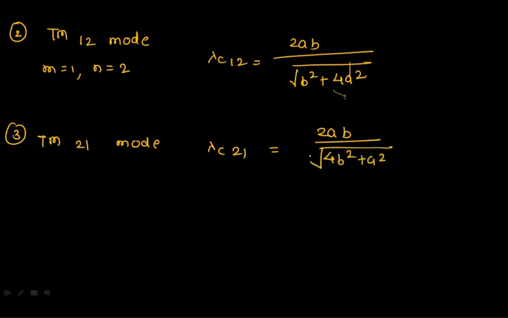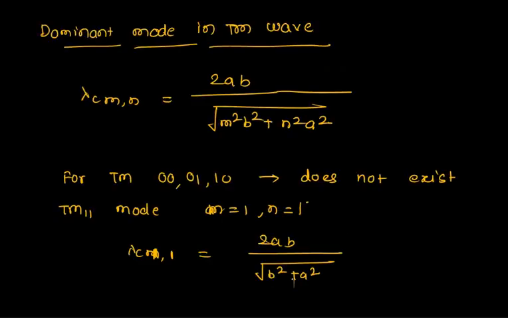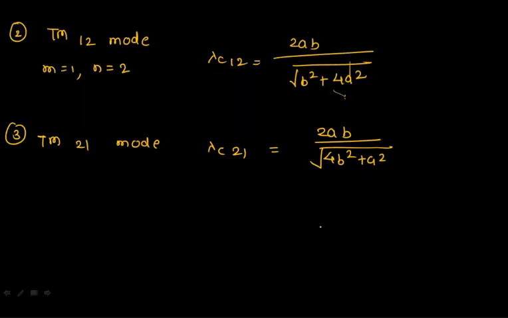Okay. Now I'll compare all these modes. By inspection, it is clear that for the first one, B square plus A square, the denominator will be a small value. So if I compare all these modes, I can say lambda c11 is greater than lambda c12, and lambda c11 is greater than lambda c21.